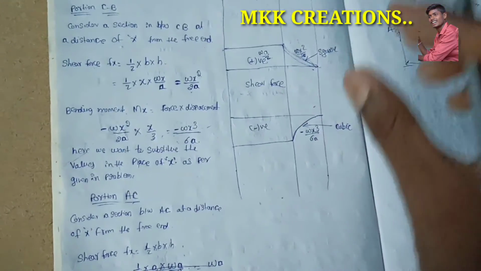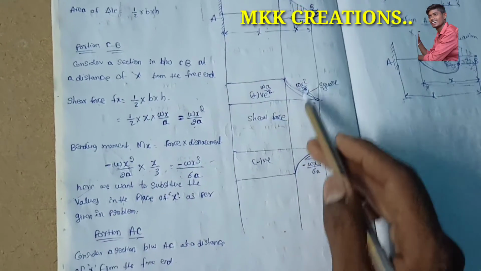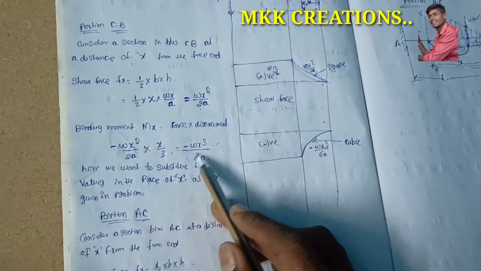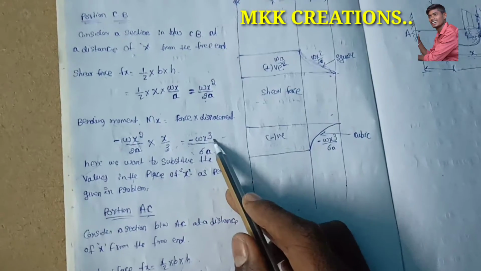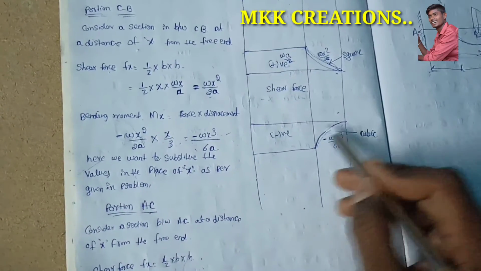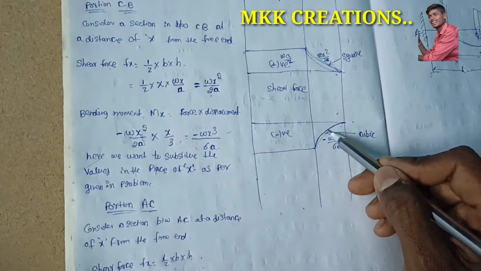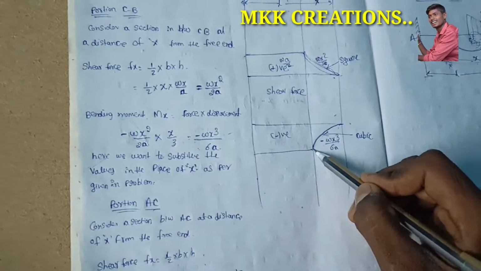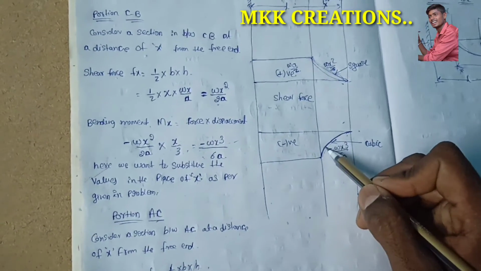So that is the shear force. Now coming to the bending moment, for the portion CB, the bending moment is minus WX cube by 6A. The value is negative, at that time it is cubic. For that it is also a curve shape. First of all draw a reference line, and from this point do the x and x's, here we get a negative value in cubic, then it becomes a curve shape.